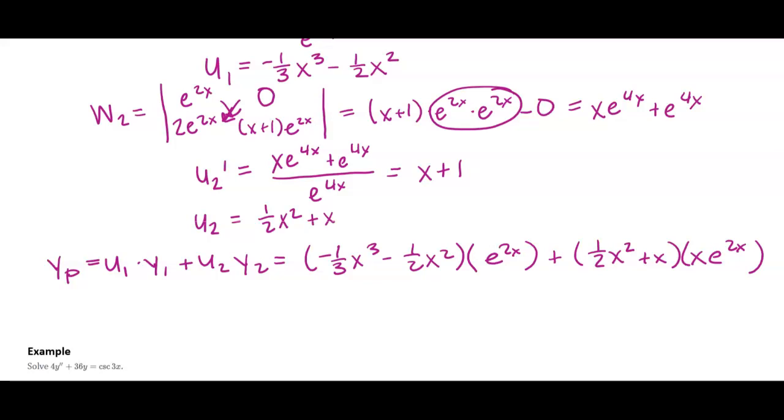Now we can distribute and combine some like terms. So notice here's an x cubed with an e to the 2x. When I distribute in here, I would have another x cubed e to the 2x. And so when I have negative 1/3 and then plus 1/2, I end up getting 1/6 as my coefficient in front of x cubed e to the 2x.